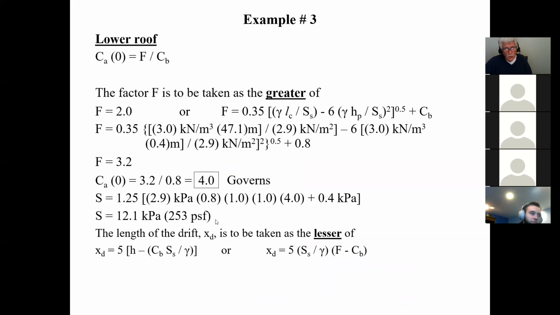And that's what we're going to be calculating. So we have XD is going to be the smaller of these two, okay? And then here again, guys, the classic mistake I see every year: people multiply H by 5 and then subtract this from it, instead of working what's in the brackets first and then multiplying by 5. I've seen that mistake over and over again.